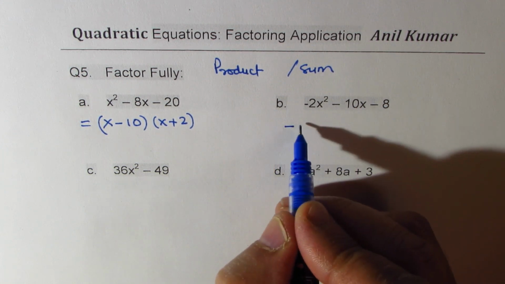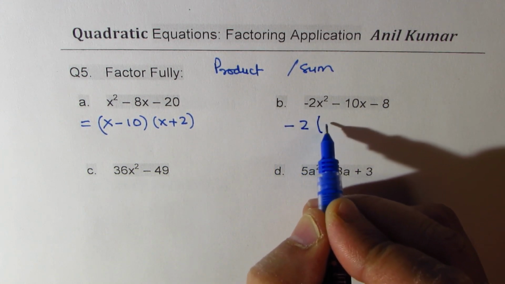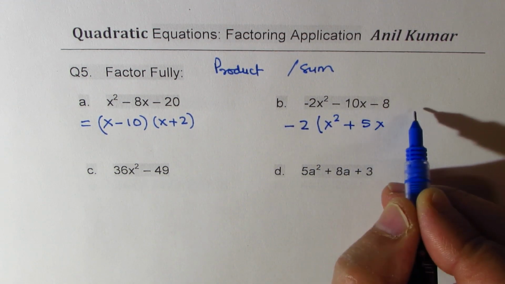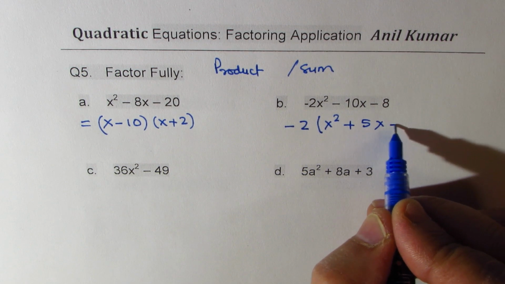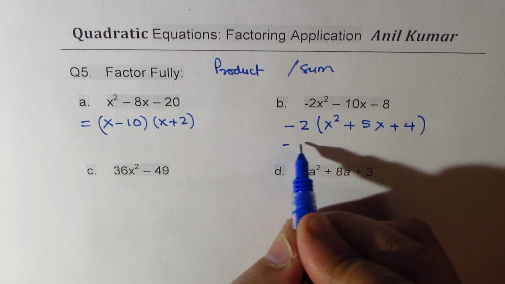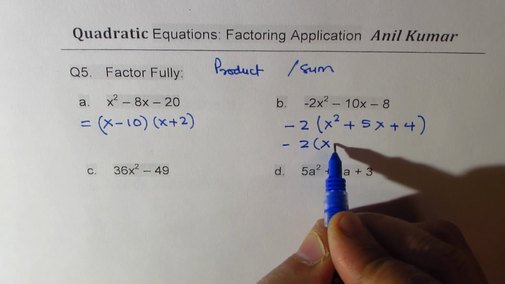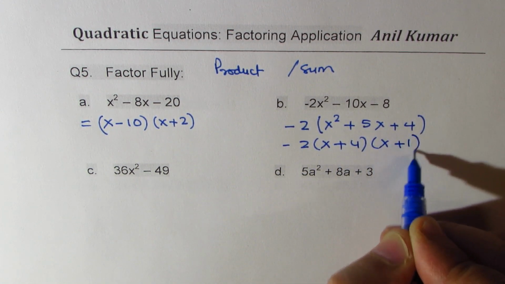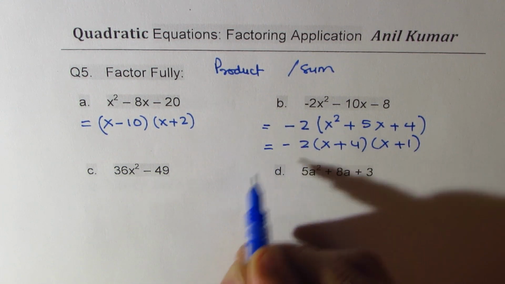All are even numbers. Take 2 also common. Then we get x squared plus 5x. Divide them all by minus 2 plus 4. Product of 4, sum of 5. So that means we have x plus 4 times x plus 1. That gives you the result, right?